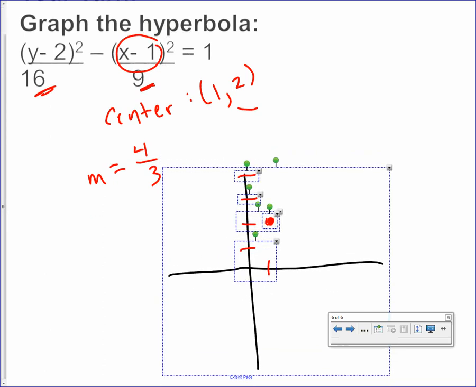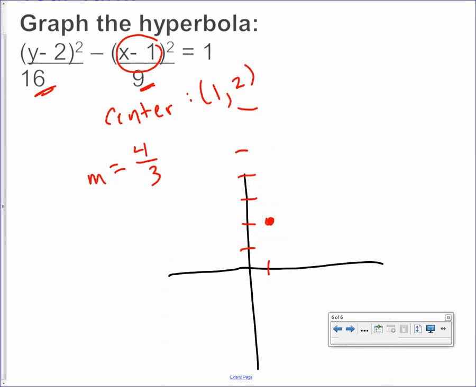So extend my graph. Okay. So from the center, I'm going to go up 4 over 3.